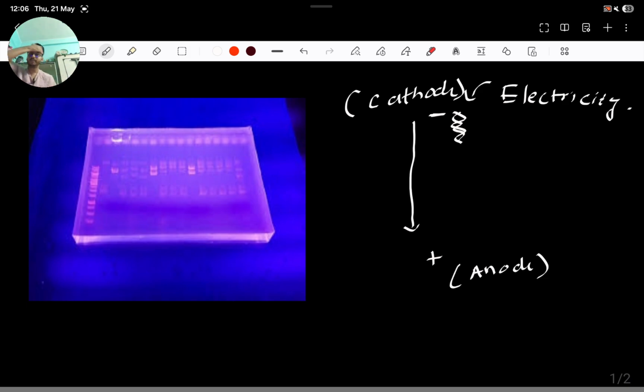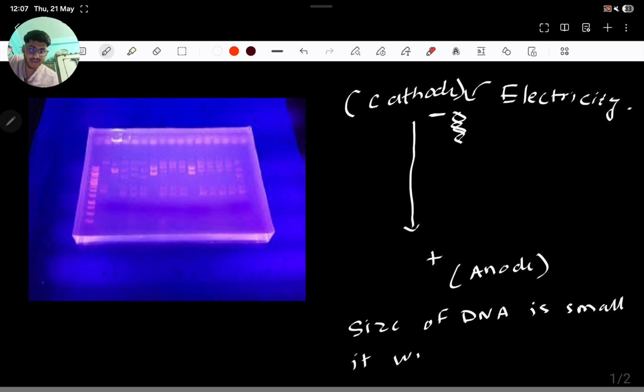Okay, so it is very easy: if the size of the DNA is small, it will run fast. Now why? Suppose a race is going on and there is a bulky guy, a fat guy, and there is a very thin guy.